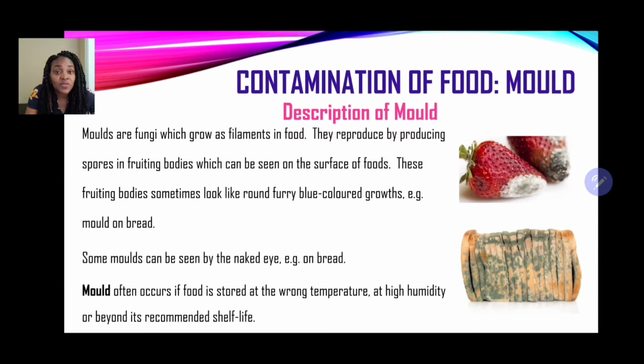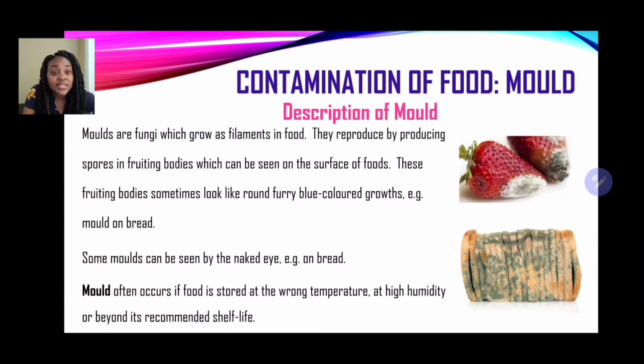Now, molds are fungi which grow as filaments in food. So we speak of filaments, we speak of strands, right? They reproduce by producing spores in fruiting bodies which can be seen on the surface of food.